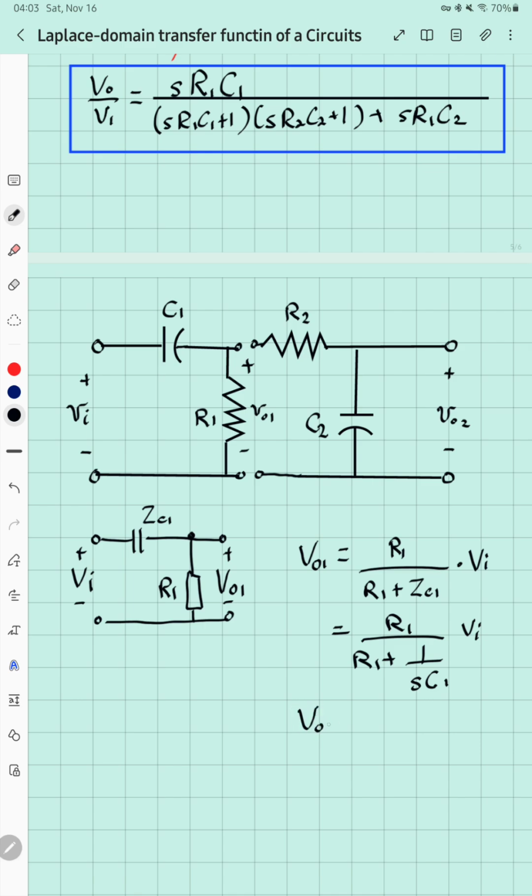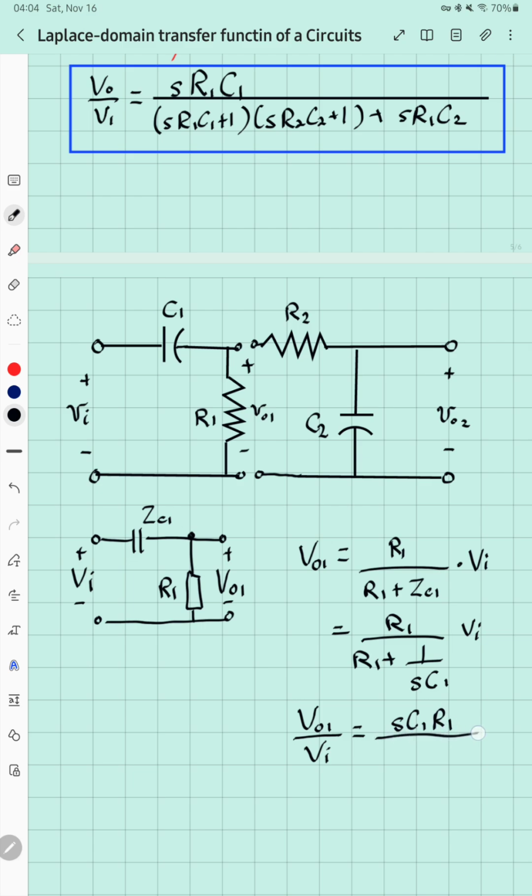So V out 1 over V in equals, we didn't want to have fractions in the denominator nor in the numerator, so we multiply both numerator and denominator by SC1, so that will be SC1 R1.